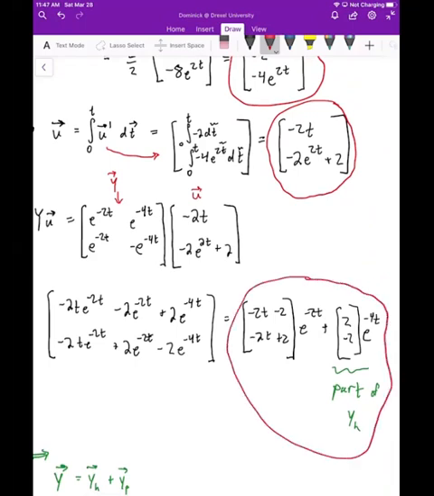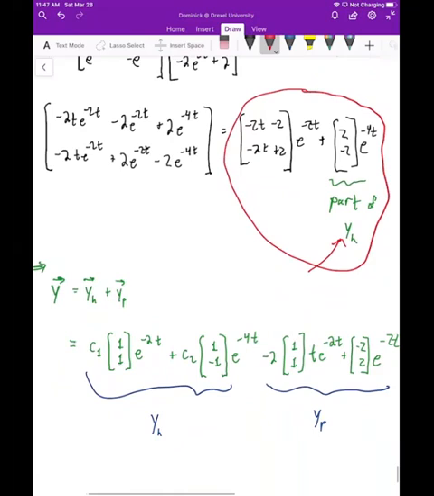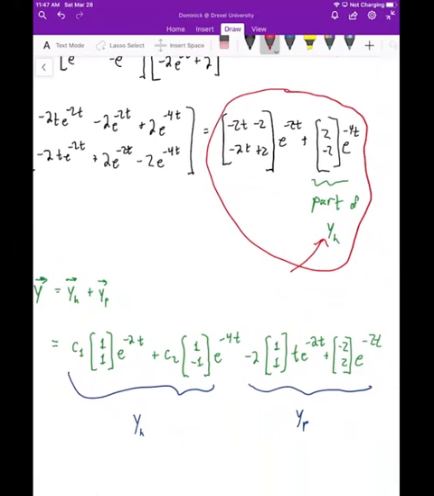Now you notice that the second part is already part of the homogeneous version, because we had an e to the negative 4t in our basis of solutions as before. So finally, we can write the general solution, which will be y is equal to, of course, the homogeneous part plus the particular part. So our homogeneous part is the same as it was before. It's given by this, and we just put C1 and C2 in front of each set of solutions.